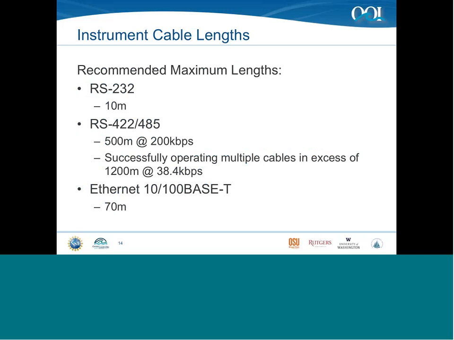About 70 meters is the maximum for Ethernet. For RS-232, it's a bit shorter than that. We wouldn't recommend going longer than about a 10-meter cable. If we need to make a longer cable run from a junction box, we would recommend RS-422 or 485. We have had success operating short period seismometers on over 1,200-meter cables at 38.4 kilobits per second.